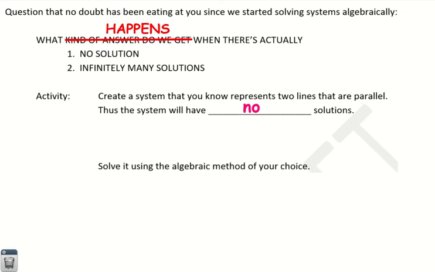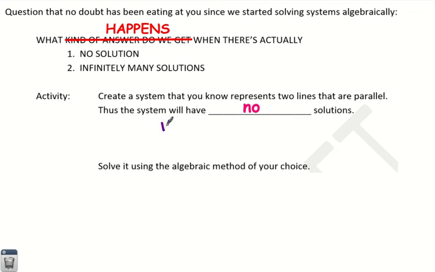So feel free to do that right now if you think you can come up with two equations, any two equations you want, that you know are going to be graphed as two parallel lines. But I will write my own in 3, 2, 1.